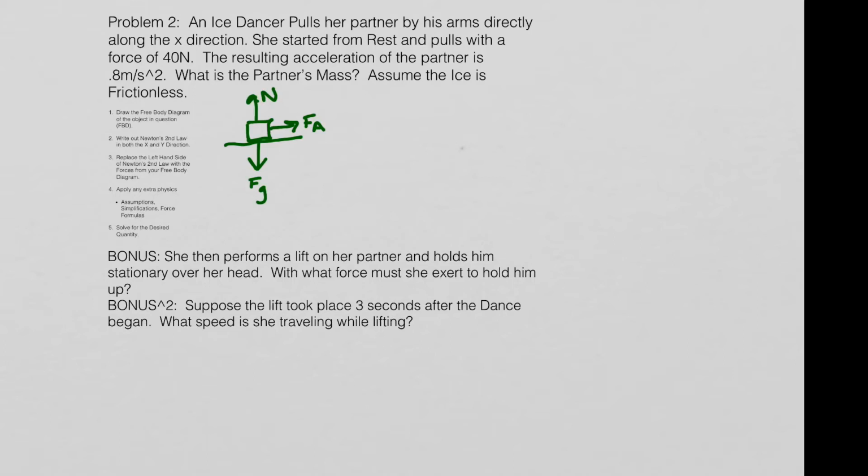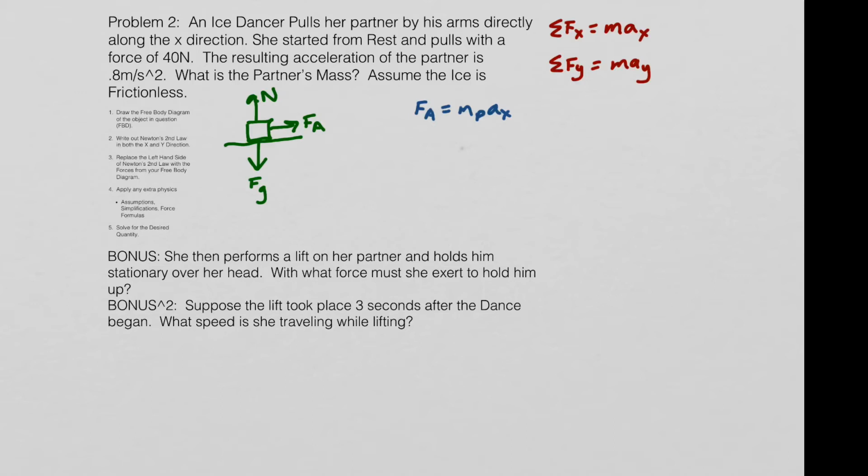We then go into our autopilot step and we say that the sum of the forces in the x direction is equal to the mass times the acceleration in the x, and the sum of the forces in the y is mass times acceleration in the y. We then jump in and we can now apply the forces from our free body diagram so that our first equation just becomes a rewrite with the applied force is equal to the mass, and let's just be clear here, we're talking about the mass of the partner times the acceleration in the x direction.